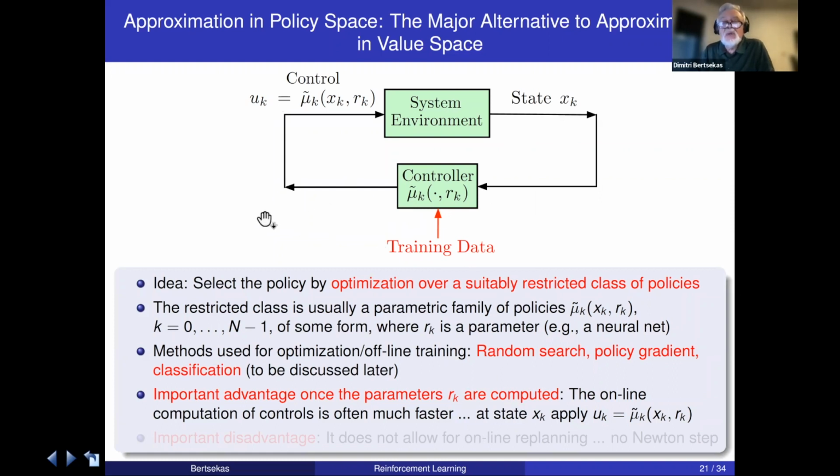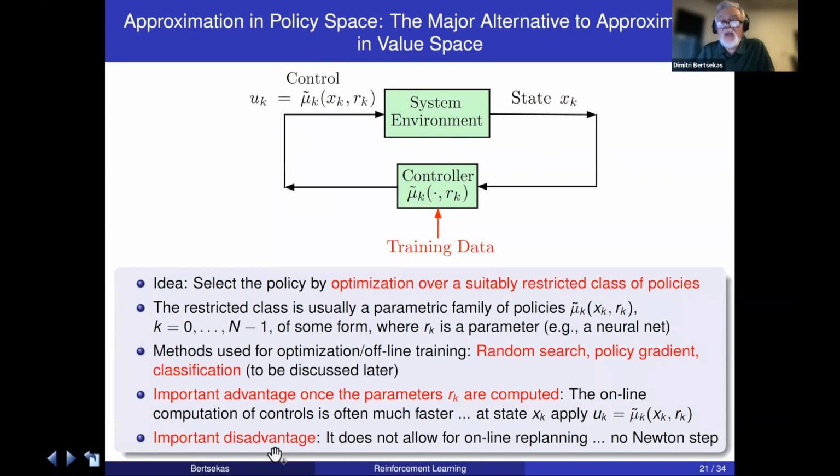I don't have to do approximation in value space, minimization, expected values, and so on and so forth. This is a very costly computation. With approximation in policy space, this computation is very fast. A lot of the computation takes place offline to compute the parameters, but once these parameters have been computed, online controls are generated very quickly.